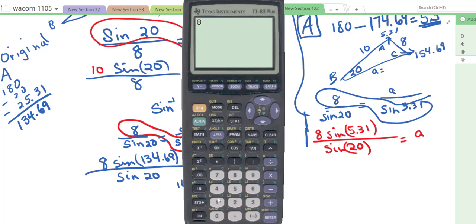So 8 sine 5.31 close divided by sine 20 close, enter, and I get 2.16.